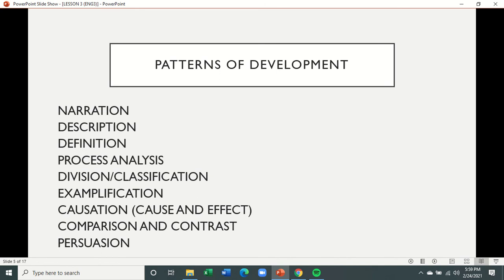And we also have persuasion. The ninth one is persuasion, and the main purpose is to persuade. The last one is problem and solution. In problem and solution, we usually identify the problem and provide a solution. So those are the patterns of development that we will be studying for the whole week.